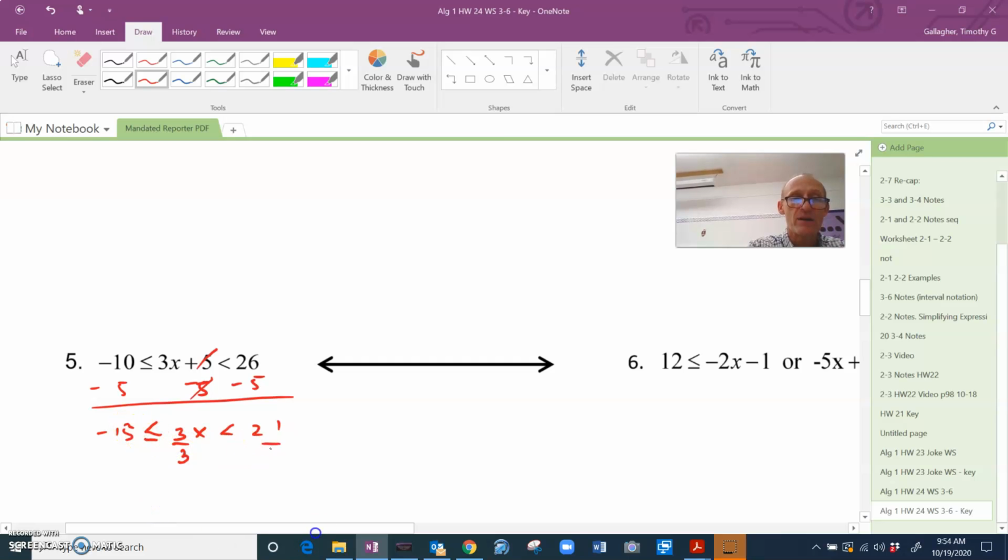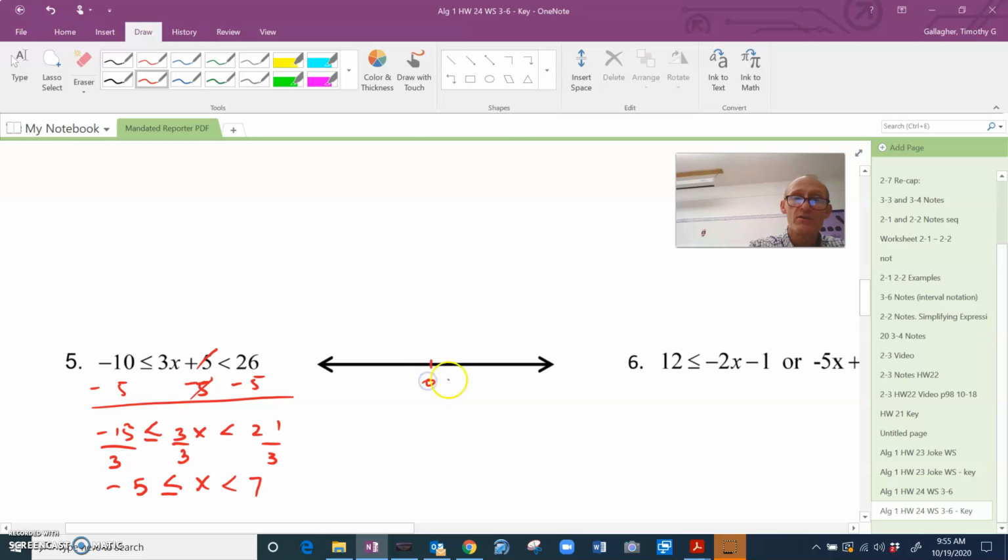Divide by 3, divide by 3, divide by 3. Now, that's negative, but the 3 was positive, so I don't reverse the signs. 7 is what I get there, and on the left-hand side of this compound inequality is negative 5. So x is less than 7 and greater than or equal to negative 5.